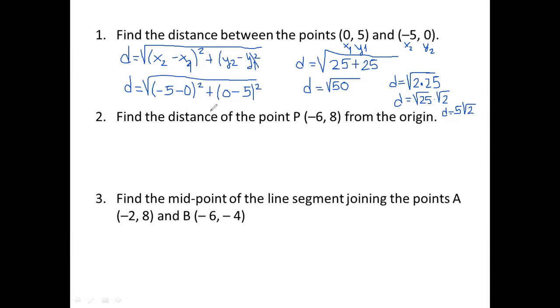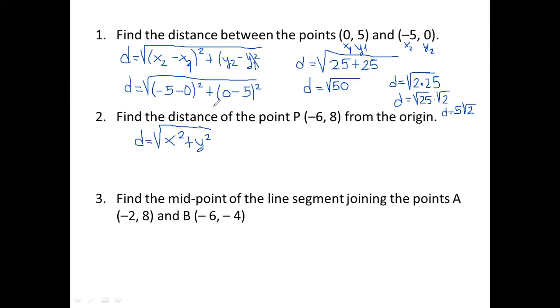The second one is the distance from P to the origin. This is the second example that we took. The distance was equal to the square root of x squared plus y squared, because the origin has coordinates (0, 0).